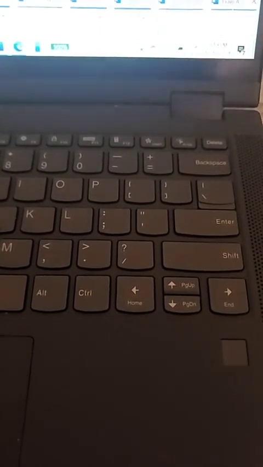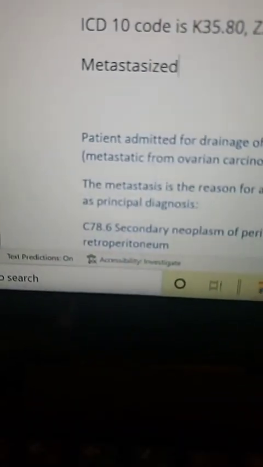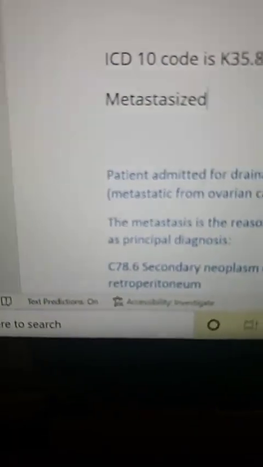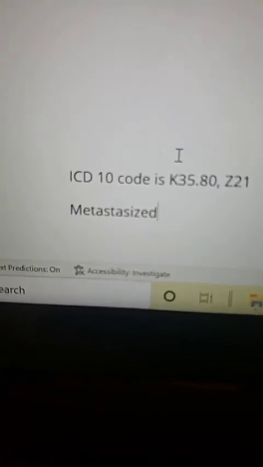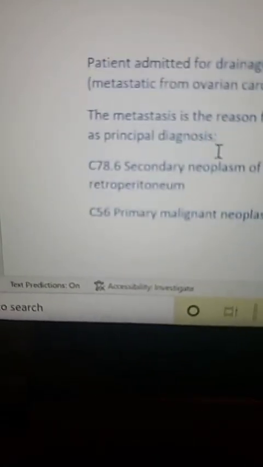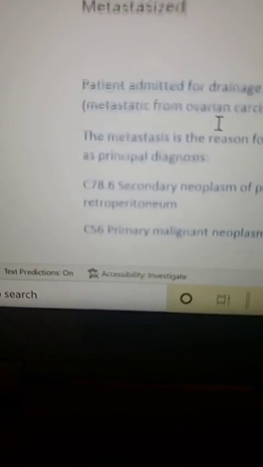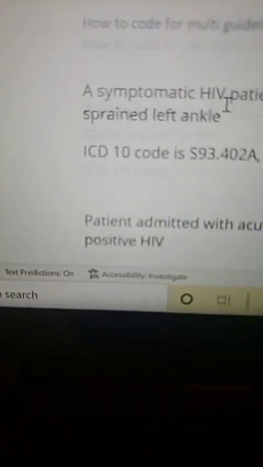Test question A. Did I have any more? That was the one with the patient that had the appendicitis and HIV. And then we have more of the cancer neoplasm ones.